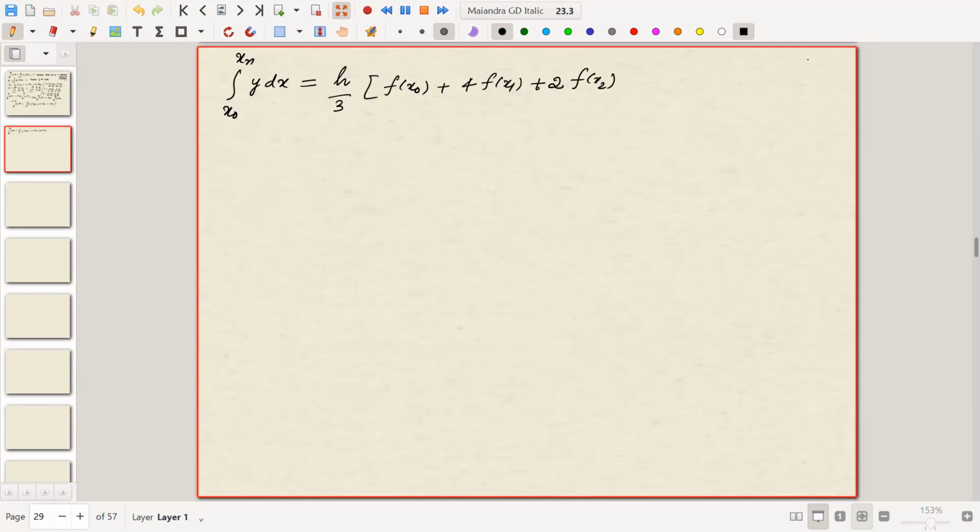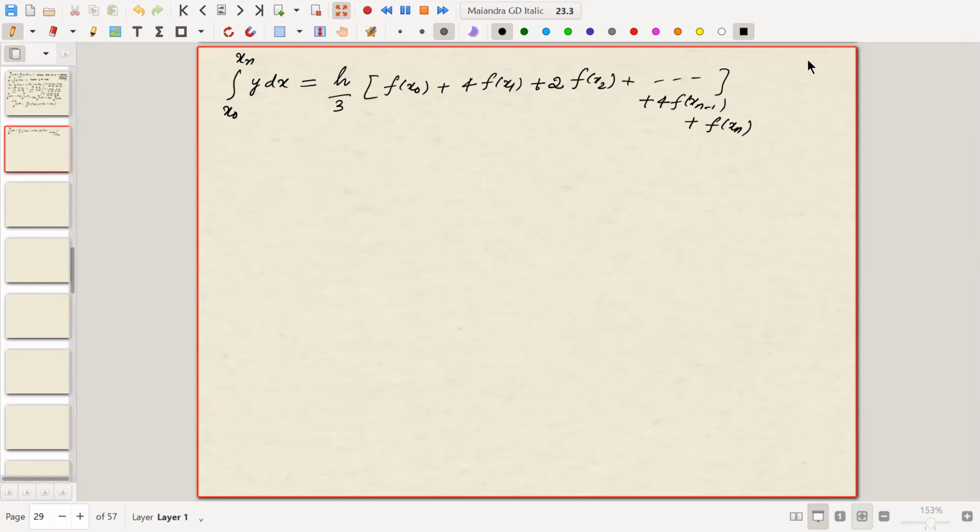When you added, 2 came, right? When you are adding the parts, one is getting overlapped, so there is a 2 times multiplication. I urge you to look into this. I can write this as 4 f of xn minus 1, plus again the last term will remain as it is, f of xn. It doesn't have any pair to pair with.